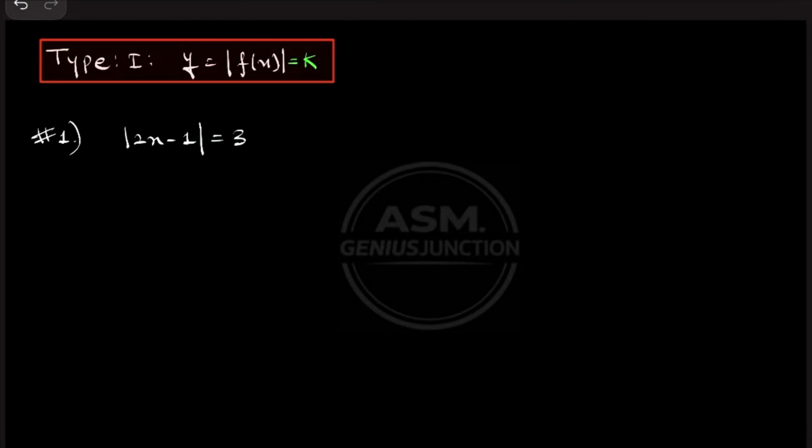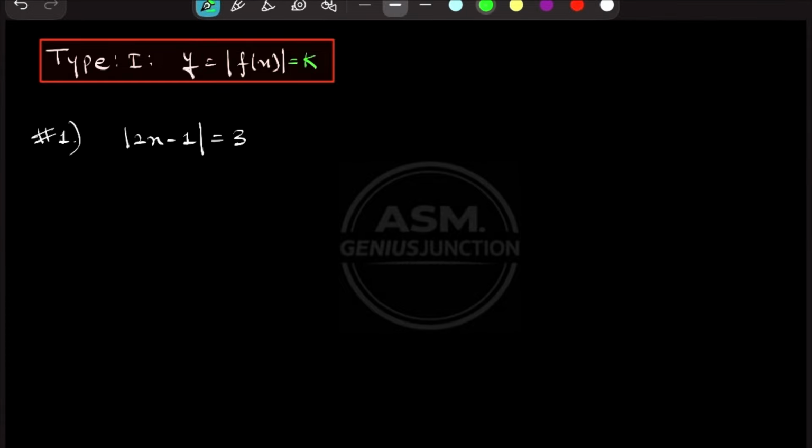On the left hand side there is a modulus function and on the right hand side you have a constant. The strategy which we have discussed on the last page: when I remove this modulus sign, there will be a positive and a negative sign on the right hand side, because the function written in modulus can have a positive as well as a minus value.